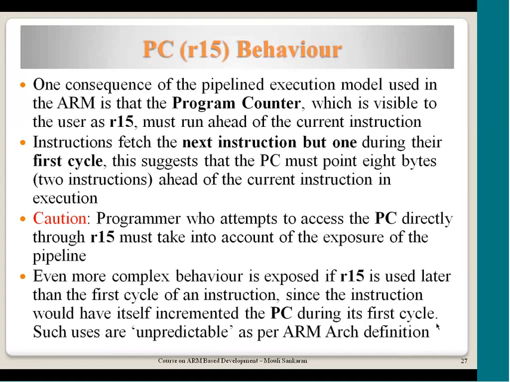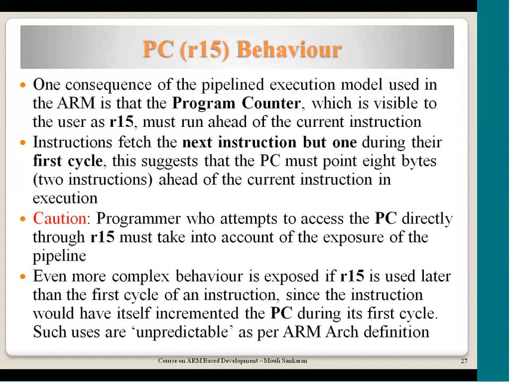And if the instruction you are executing is a multi-cycle instruction and your instruction is also modifying the value of R15, then it has to be done very carefully, otherwise there will be unexpected, unpredictable results because of the pipeline's influence on the value of R15. What I mean by that is, during the execution, if your instruction itself is modifying the value of R15, what happens to the current value when it is overwritten by your own instruction?